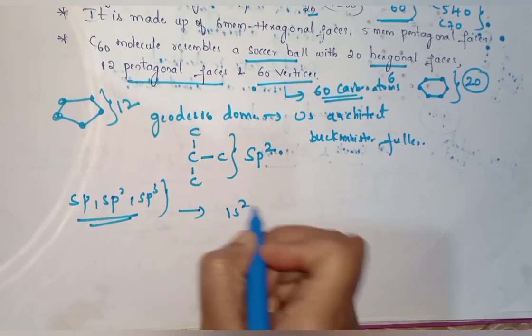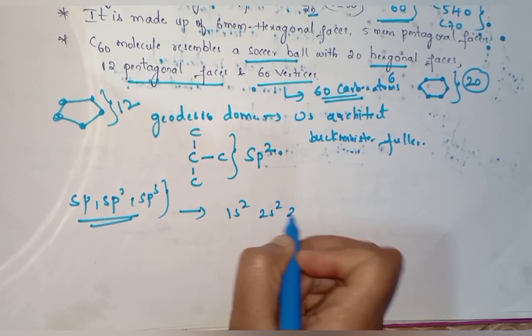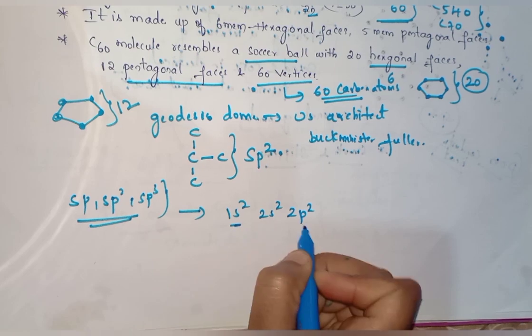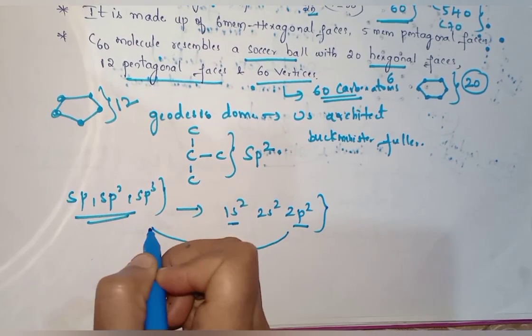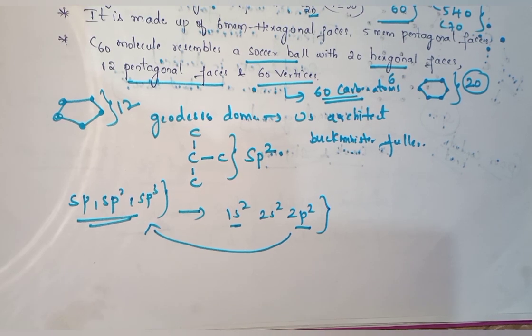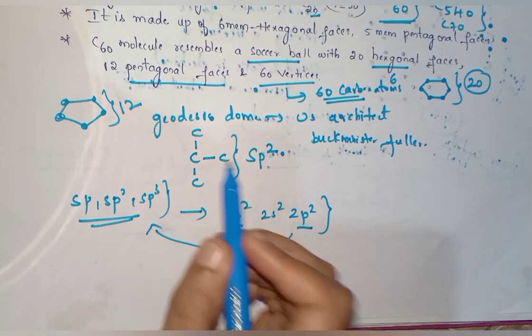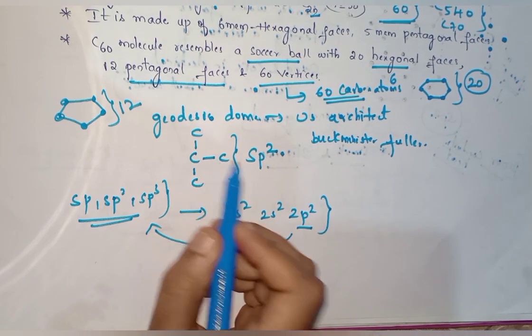Why? Because we can write the electronic configuration, that is 1s2, 2s2, 2p2. So only s and p electrons are present. That's why only these 3 hybridizations are possible in the carbon and allotropes of carbon. Diamond is sp3 hybridized, graphite is sp2 hybridized, and Buckminster fullerenes is also sp2 hybridized. Why? Because it is having 3 sigma bonds.